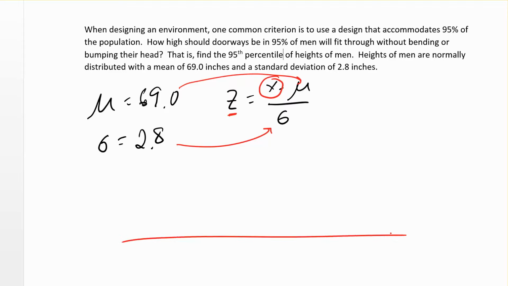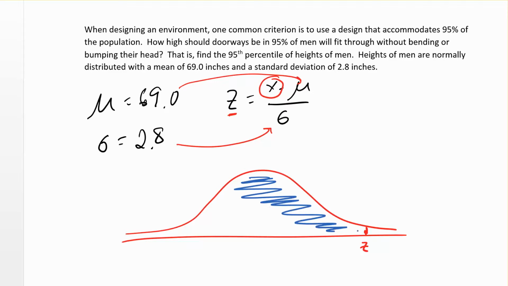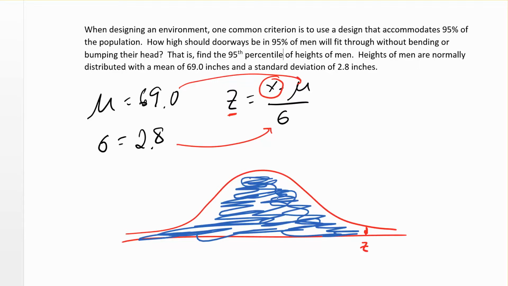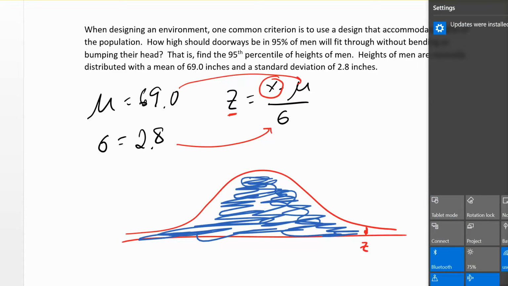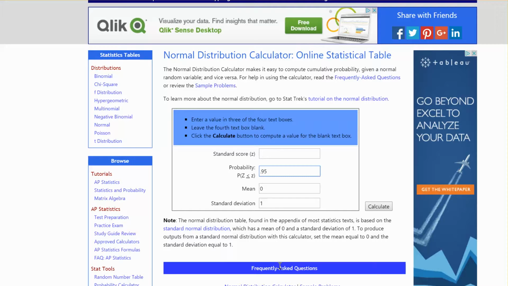So graphically, what we're looking for, there's a normal distribution. We want to know what is the z-score here such that 95% of the men can fit through the doorway. We want the area to the left of this to be 0.95. So we're going to go back to our calculator, and I've already plugged it in.